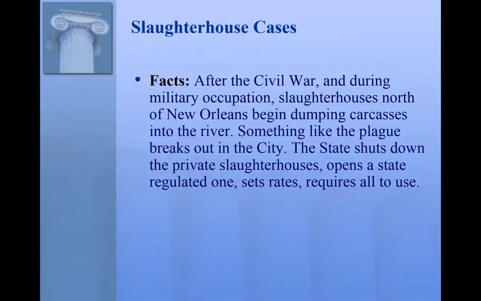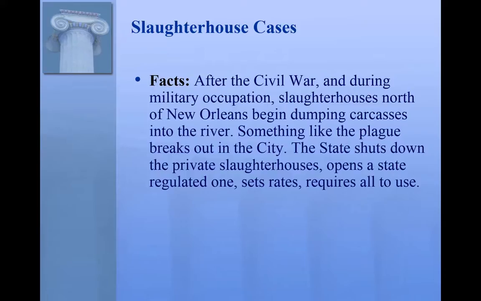It requires all animals slaughtered within the city of New Orleans to be slaughtered at this state-run slaughterhouse. Now, was this an effort by the legislature to pay off some of their cronies? Absolutely. This was a dirty deal. This was an effort to shut some people down and make somebody else a lot of money.